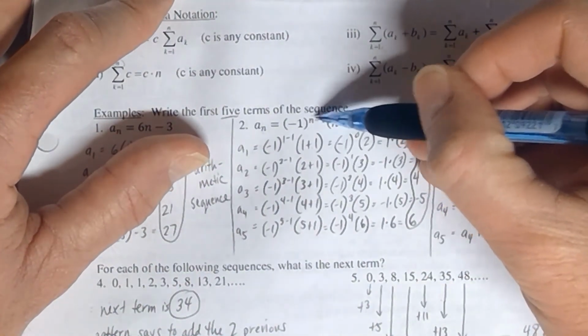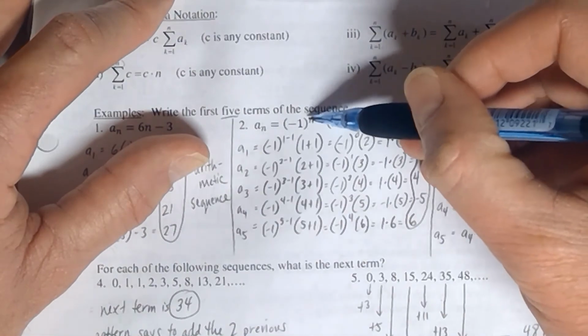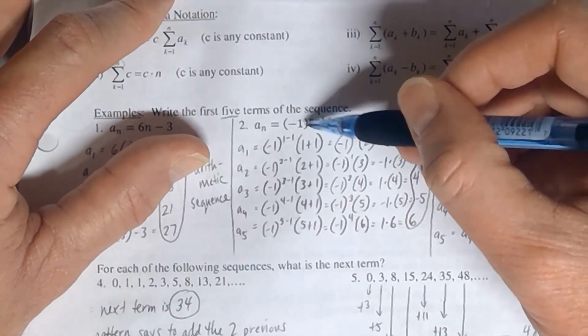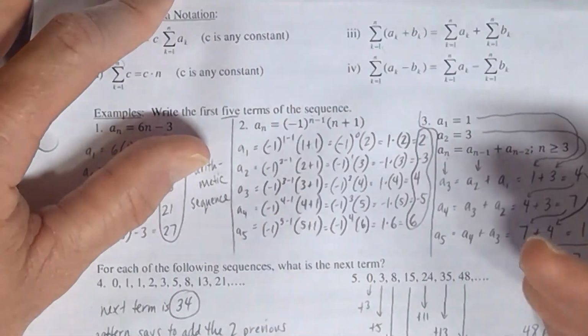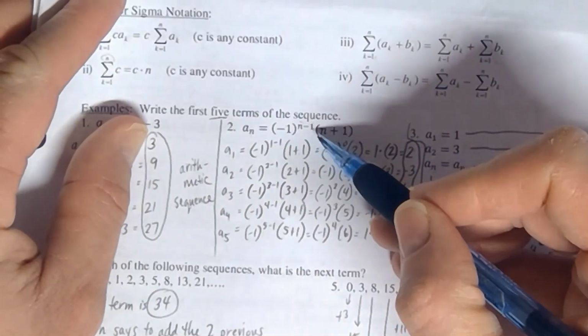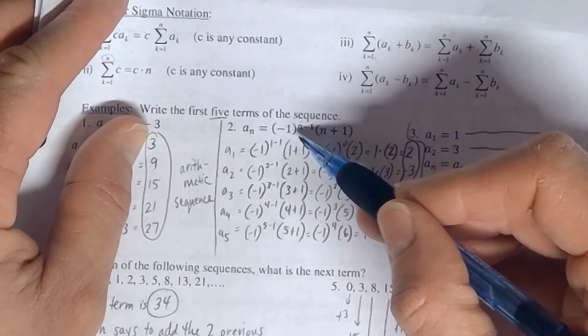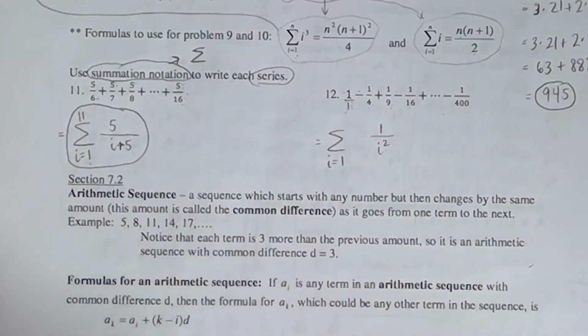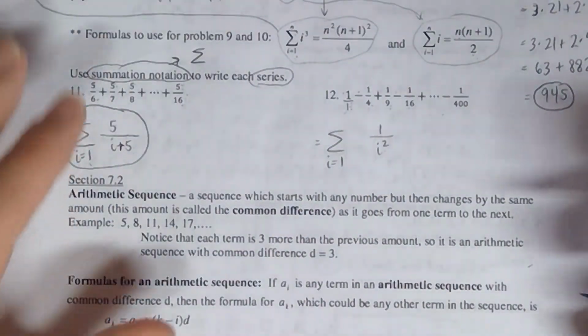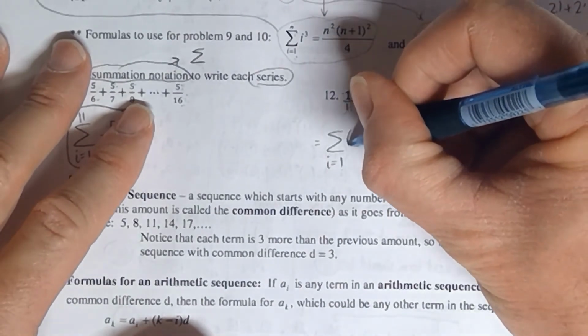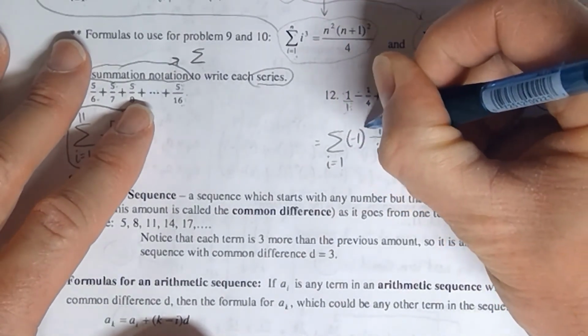Anyway, it doesn't have to be n minus 1. It could be n or n plus 1, usually one of those three things, but whatever works is what's important. So let's try it. You could do n minus 1, you could do n plus 1, you could do any of those things as long as it works. Let's just try out n and see if it works. So I'm going to say -1 to the n.